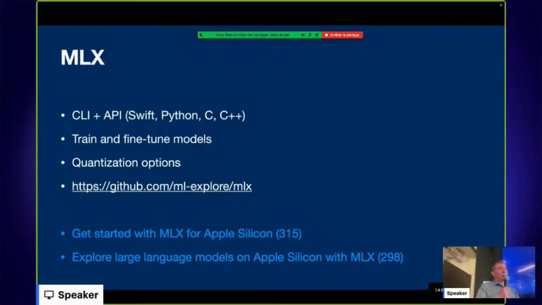Actually, the Python API is similar to NumPy for the low level, similar to PyTorch for the high level. And the Swift API is designed based on the Python API. So it's quite easy to use.